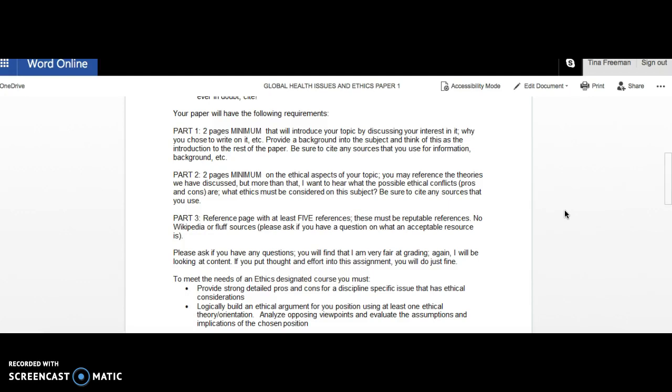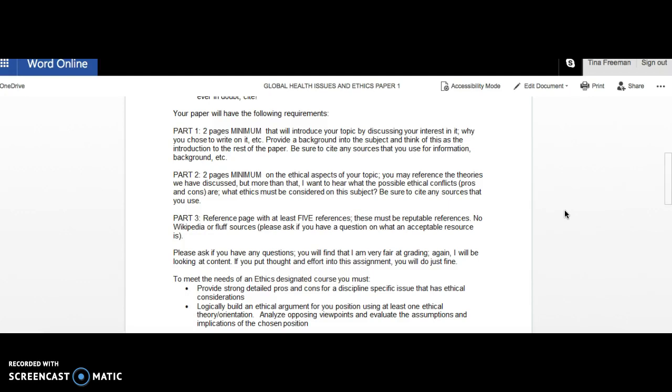And then the second part is going to be where we are talking about the ethical aspects. Now, this is where we're going to take into consideration the pros and cons and the ethical implications or conflicts that could be considered within your topic. So this is going to reference back those ethical theories that we talked about early in the semester. And I would like you to make mention of the particular theory or theories.